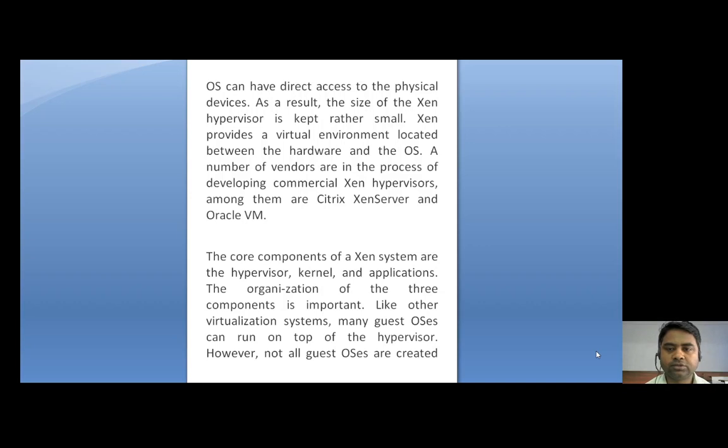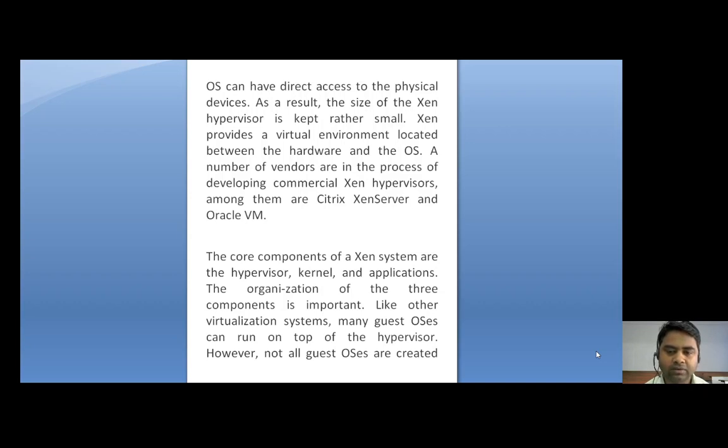Xen provides a virtual environment located between the hardware and the operating system. A number of vendors are in the process of developing commercial Xen hypervisors. Among them are Citrix XenServer and Oracle VM. The core components of a Xen system are the hypervisor, kernel, and applications.